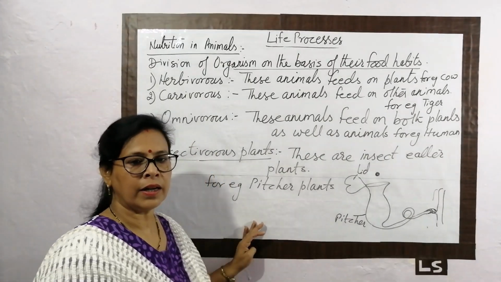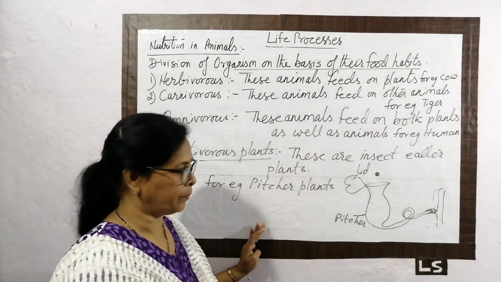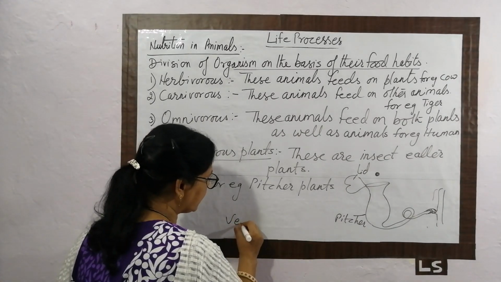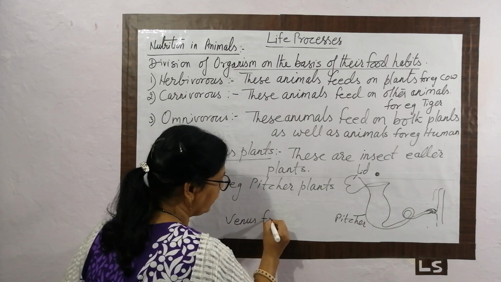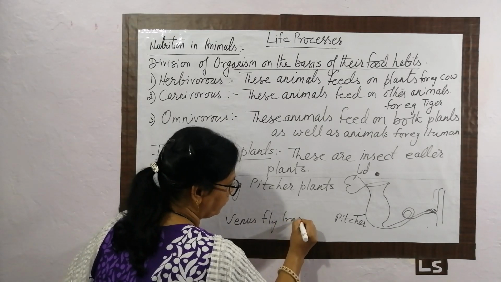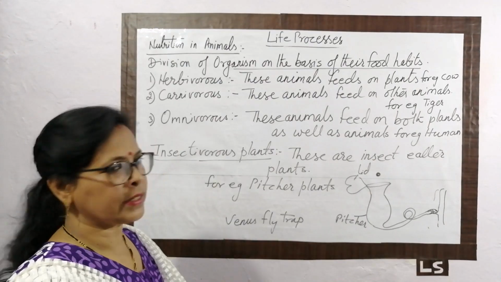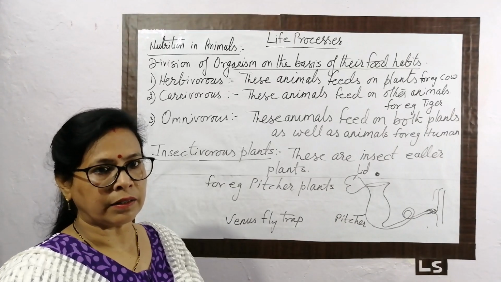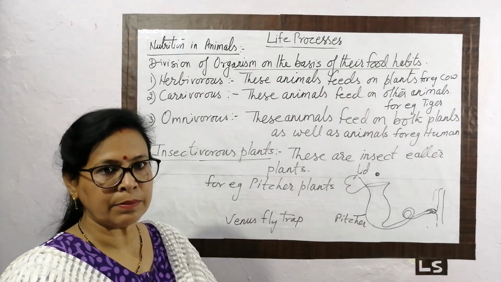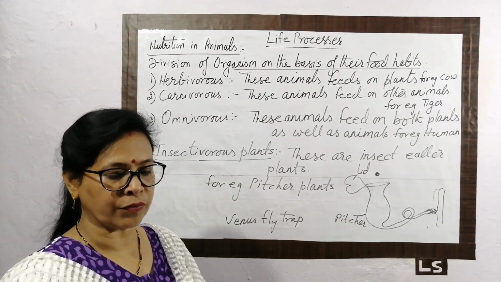So these are called insectivorous plants. One more example is the Venus flytrap. There are various insectivorous plants. These are the two.